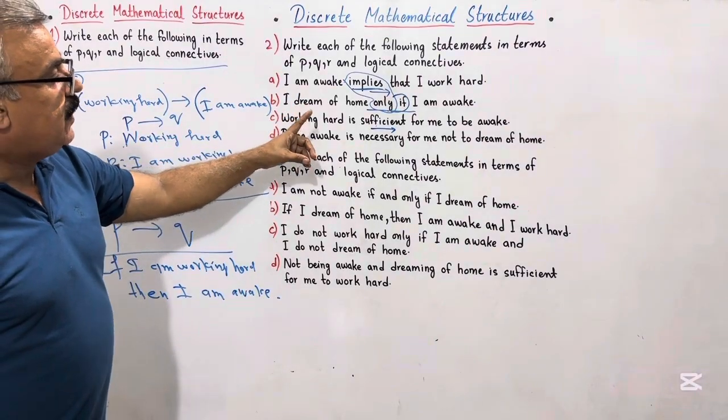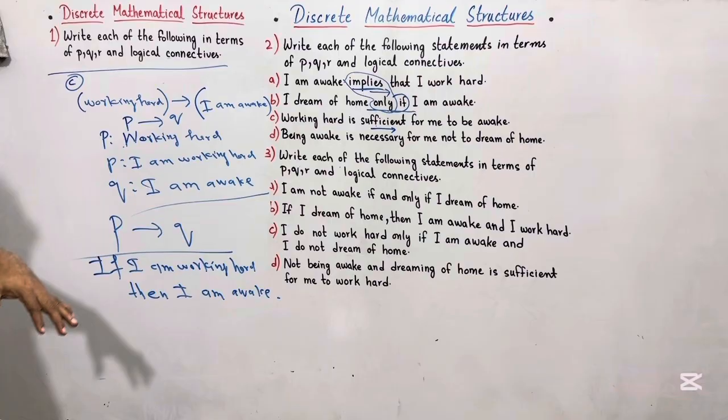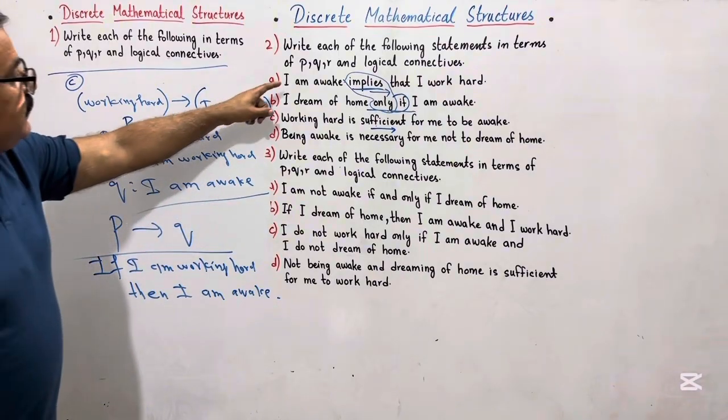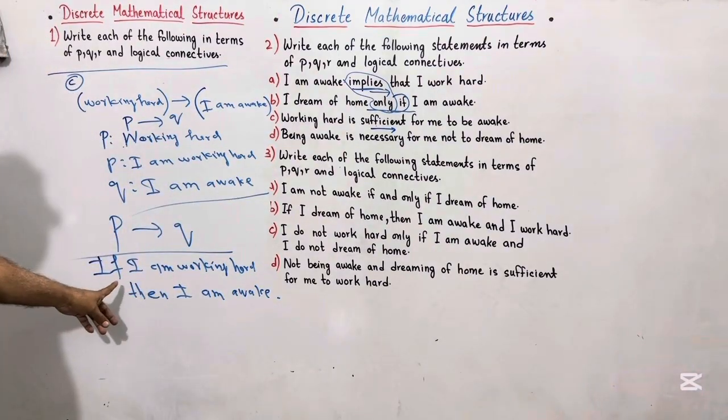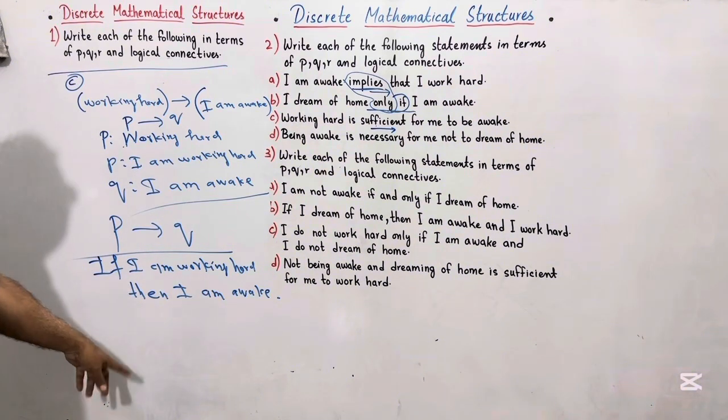Implies, only if, and sufficient are synonyms for each other. We can replace them with one another. All three can be written as if-then.